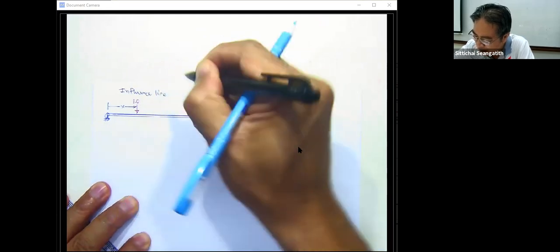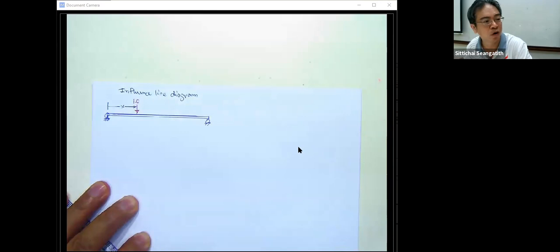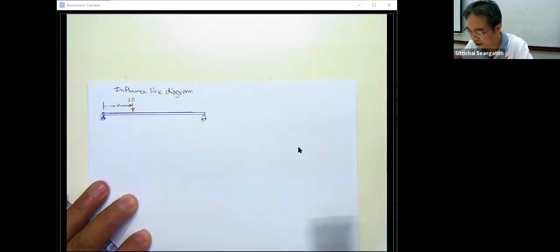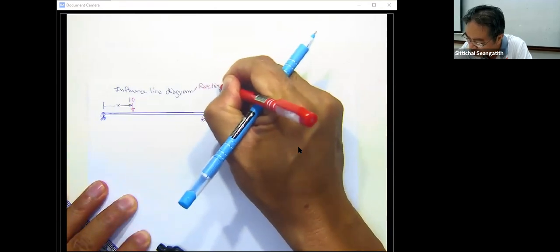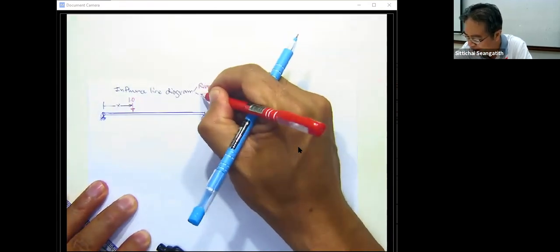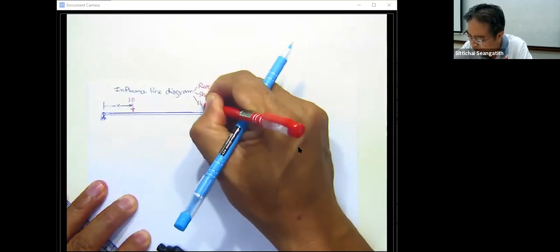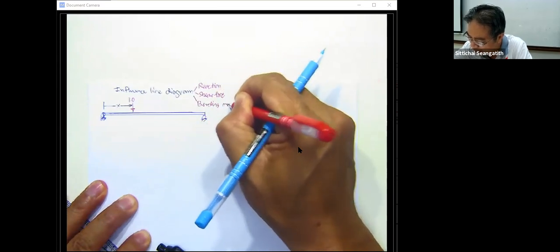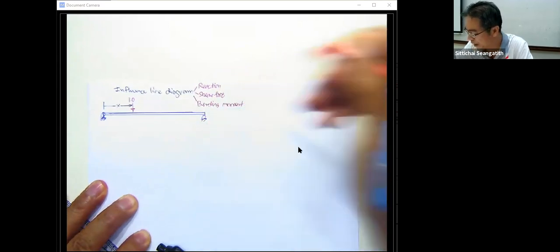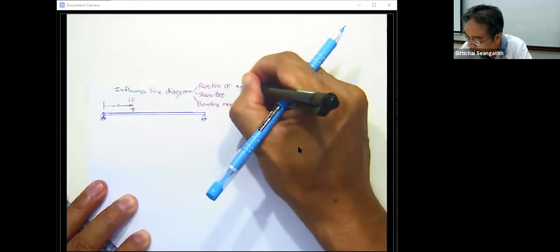To draw the influence line diagram, what we are going to draw is, first, the reaction. Second, the shear force. Third, the bending moment, and that will be at a point.